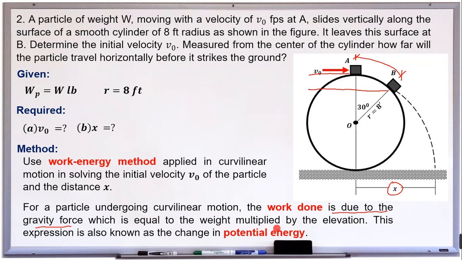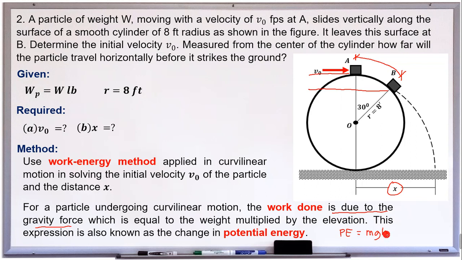This expression is also known as the change in the potential energy, because the formula for the potential energy, that is the energy due to the gravity force or the effect of the weight of the object. That is why we have this formula mgh. So m is the mass of the object, g is the Earth's acceleration due to gravity, and h is the height or the change in elevation of the object.